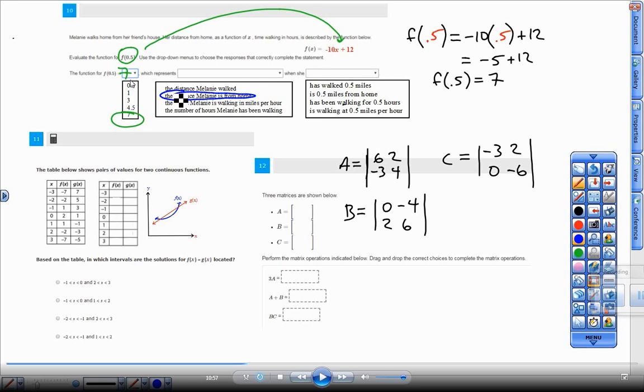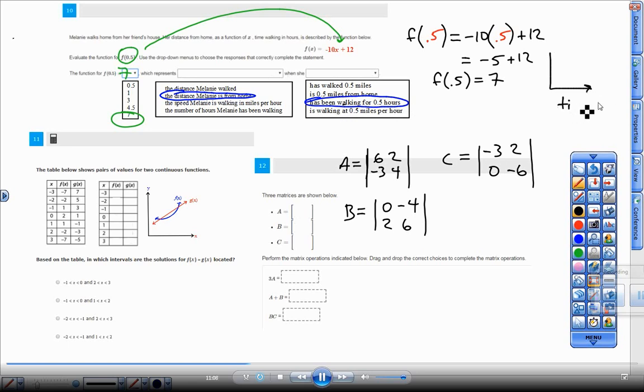I want you to see that that number I plug in is time, half an hour. What gets spit out is distance. So again, to fill out this statement, the function for f when I plugged in 0.5 equals 7, and that 7 represents the distance number when I plugged in 0.5. And of course the 0.5 is the number I plugged in when she was walking for 0.5 hours.